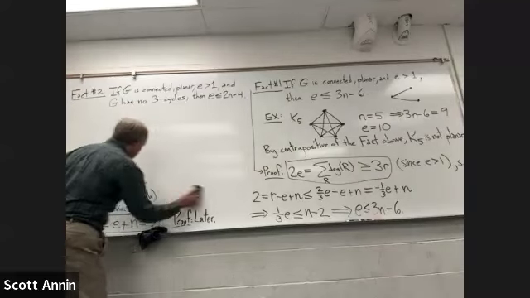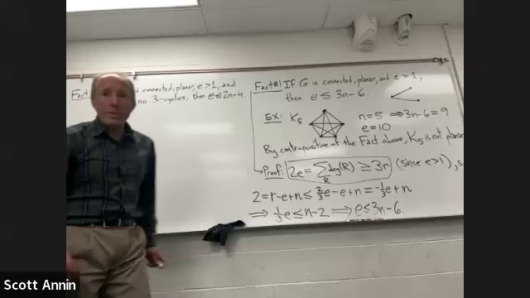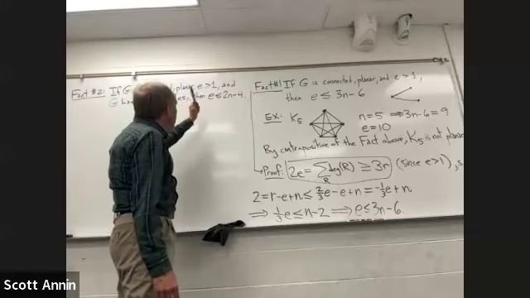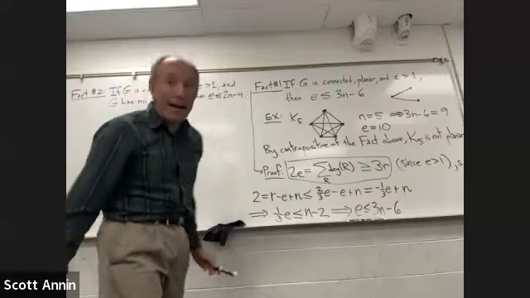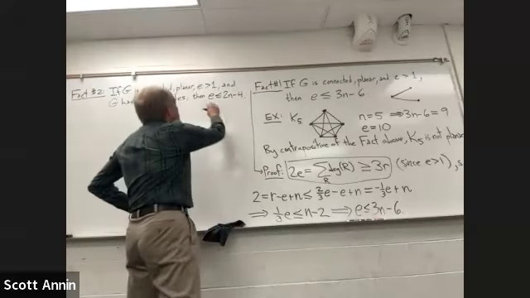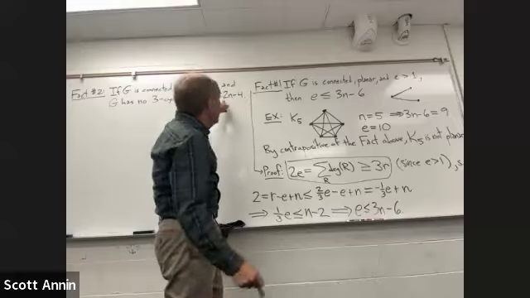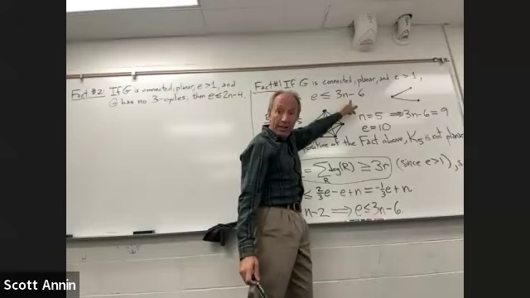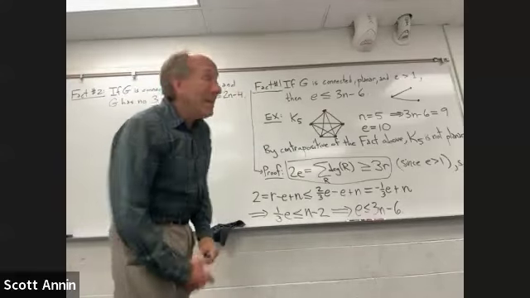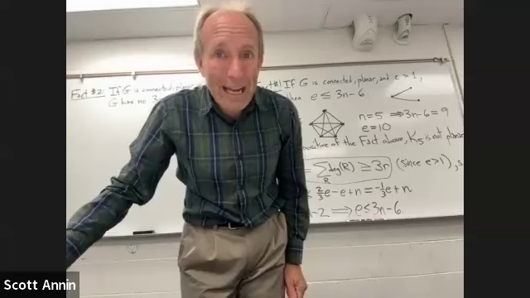Maybe you can think right now of some graphs that you know that don't have any 3 cycles in them, because then you have an even better shot at showing that the graph is not planar, since this inequality is even more likely to fail than this one. If you multiply the number of vertices only by 2 instead of by 3, the right-hand side is a much smaller number, and it's much more likely that your edge count is going to exceed that.